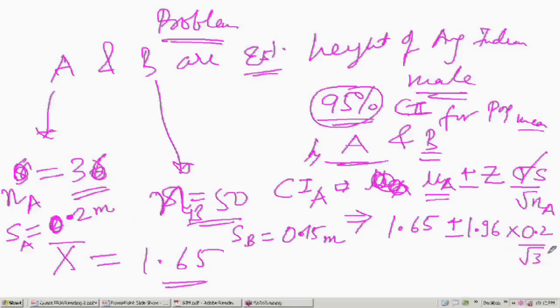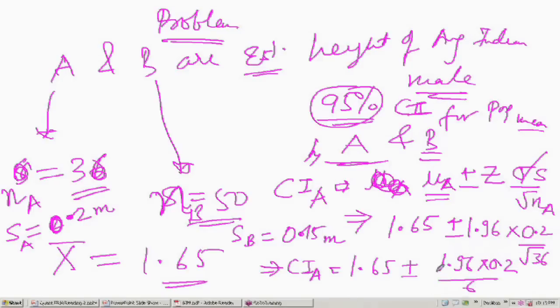So the confidence interval for A will be 1.65 plus minus 1.96 into 0.2 by 6. You can compute how much it comes to.